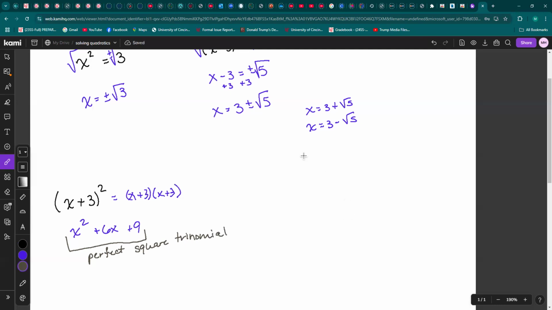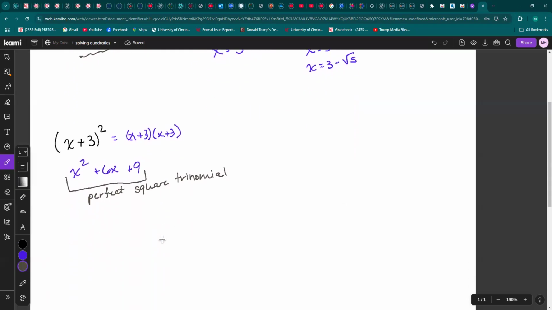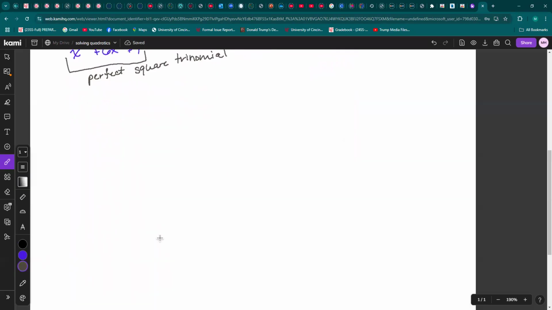We are going to be using this perfect square trinomial and the basic x squared equals some number concept, or the parentheses with x in it equals some plain old number. And it's going to make our life a little bit easier for solving some equations.